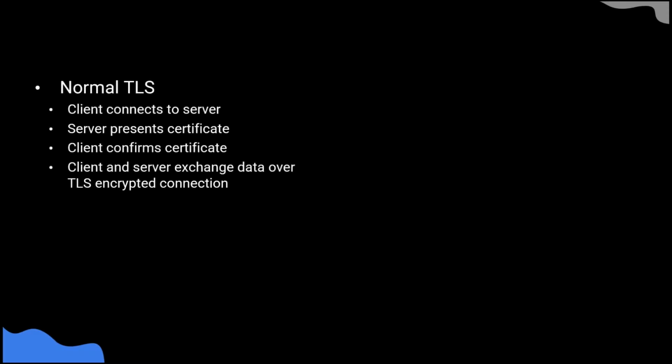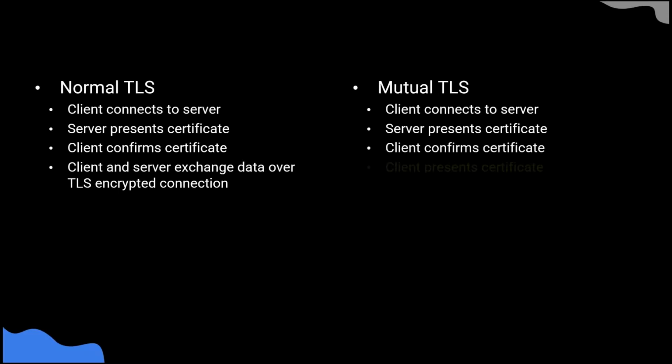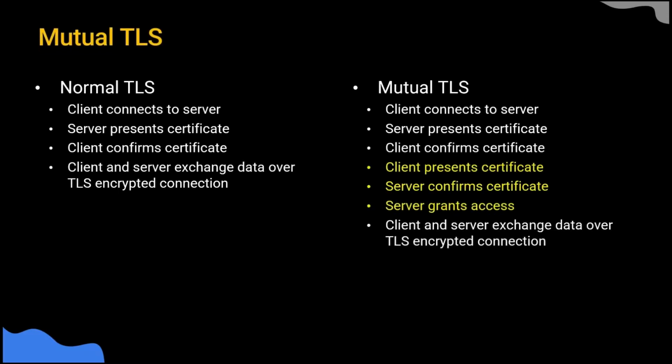Okay, now let's look at mutual TLS. So the first thing I want to do is compare what I would call here maybe normal TLS with mutual TLS to see what the difference is. Even when you're doing mutual TLS, you're still doing the normal TLS.